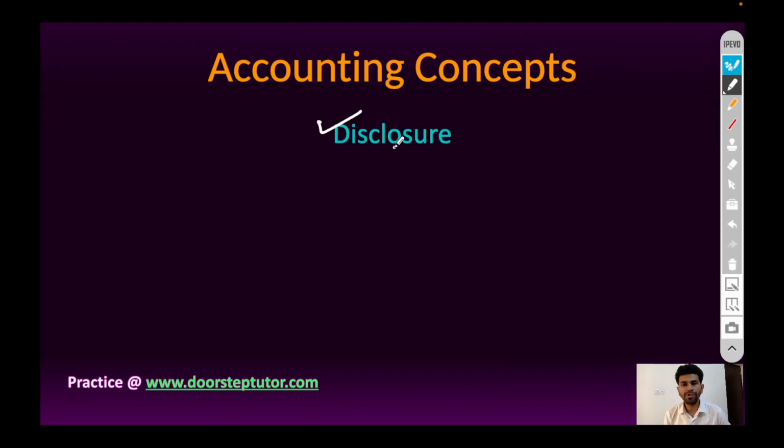Next is disclosure. The accountant must disclose all material facts. The financial statement, that is financial performance and financial position, should disclose all the material information. It should be reliable, relevant, comparable, and understood by all.